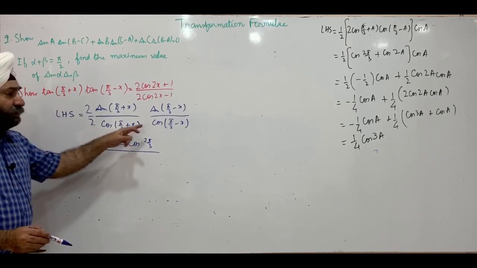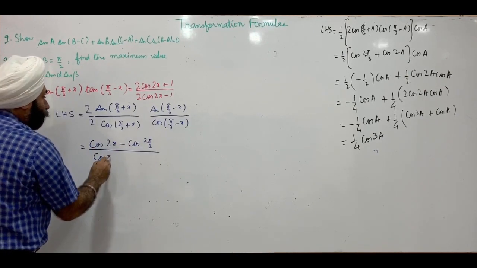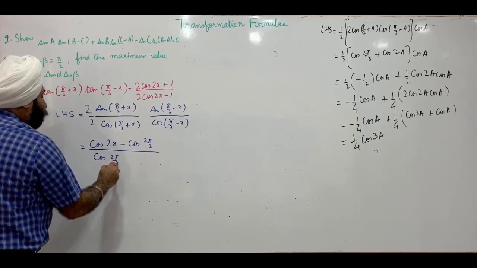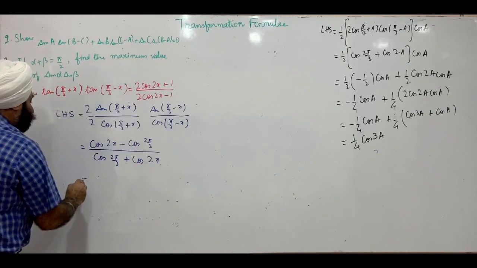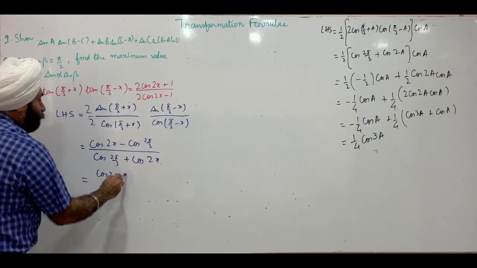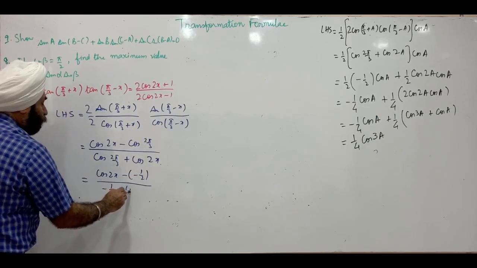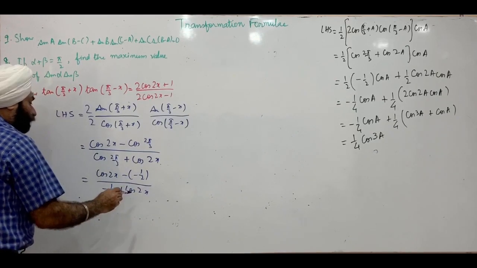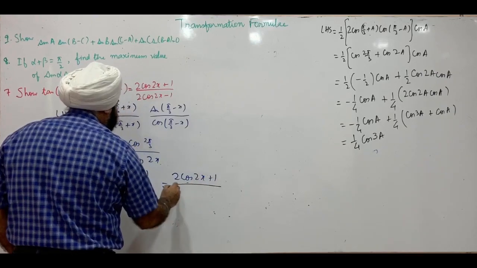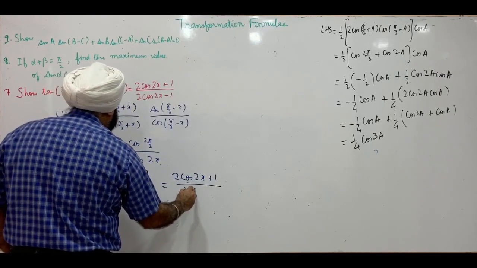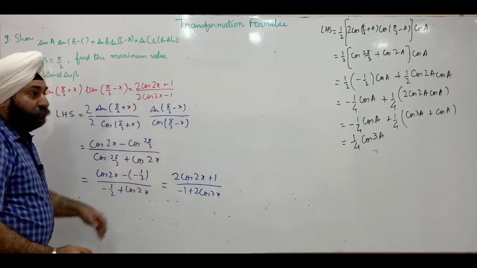This is 2 cos A cos B, which is cos of A plus B plus cos of A minus B. This is cos 2x minus 1 by 2 over minus 1 by 2 plus cos of 2x. This is 2 cos of 2x plus 1 over minus 1 plus 2 cos of 2x. So this is what we wanted to prove.